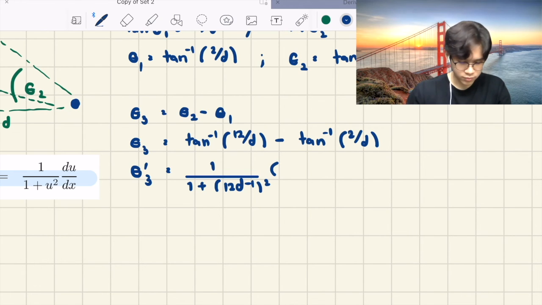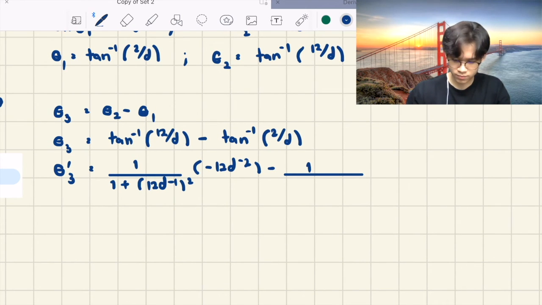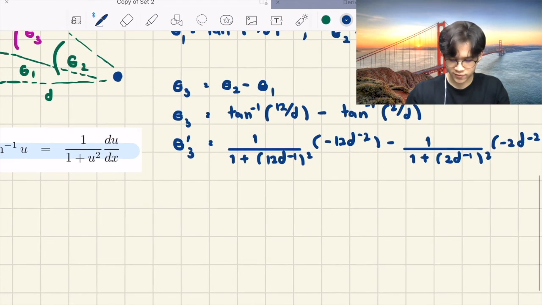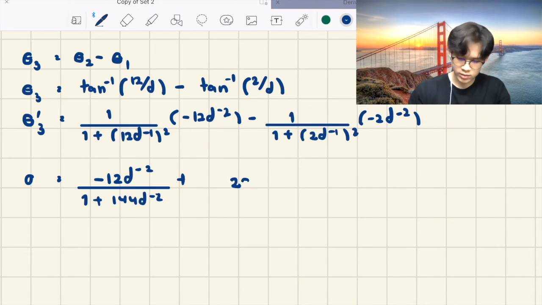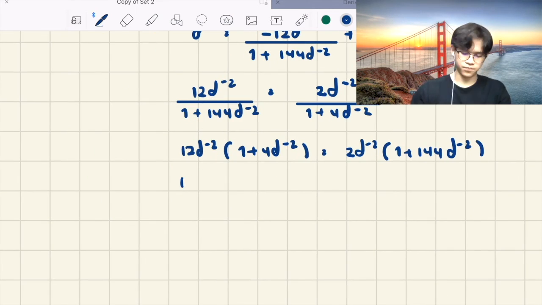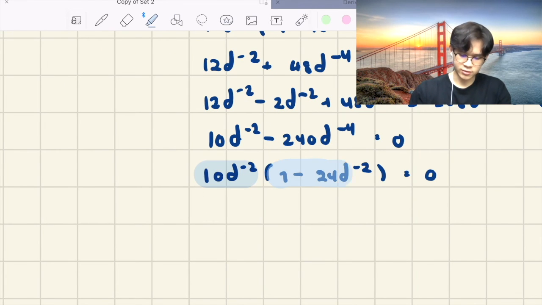Don't forget the chain rule, negative 12 d to the power of negative 2, and then 1 over 2 over d negative 1 to the power of 2, and chain rule again to negative 2 d to the power of negative 2. And next we need to solve everything. So now we have two equations here.